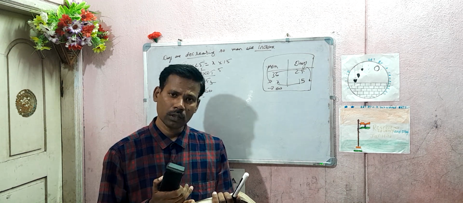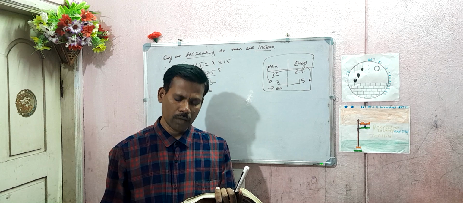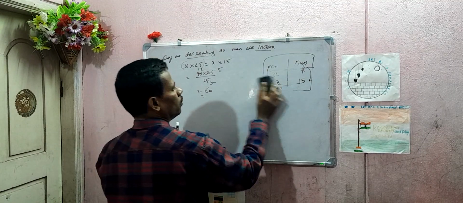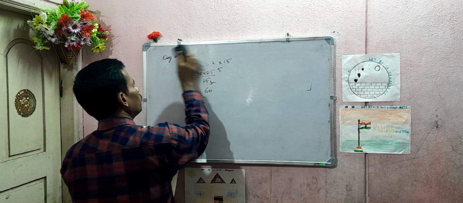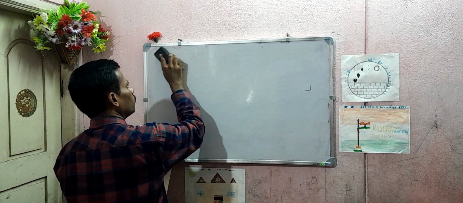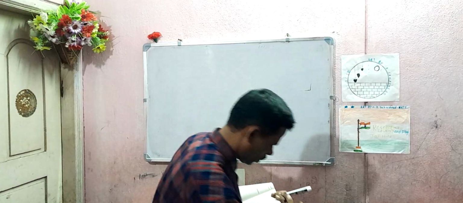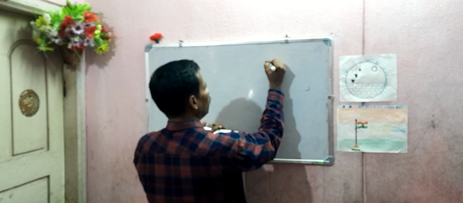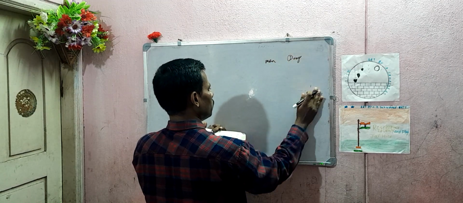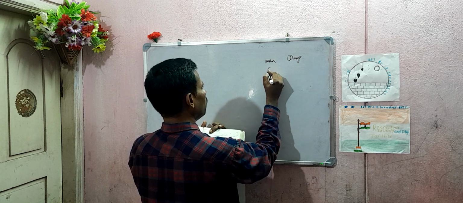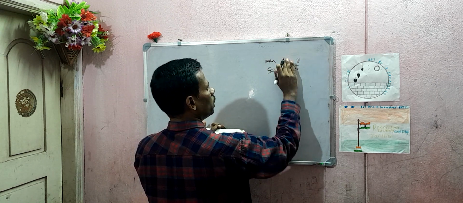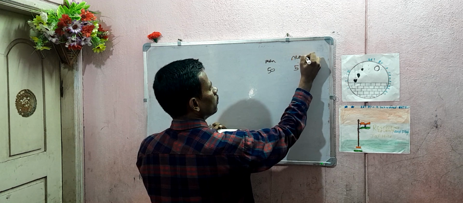In how many months the same work can be completed by 125 men? Same thing here. Men, days. What does that mean? 50 men given 5 months. Here instead of days you have to write months.